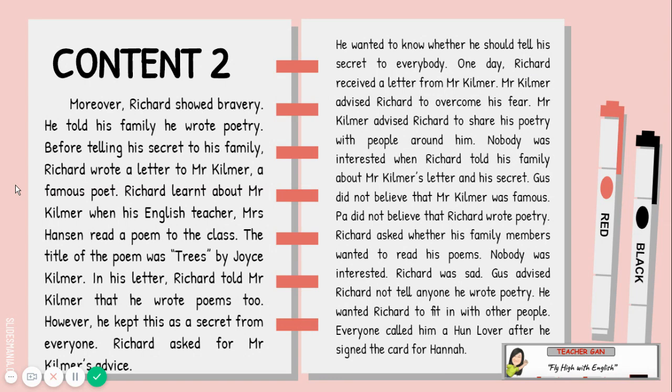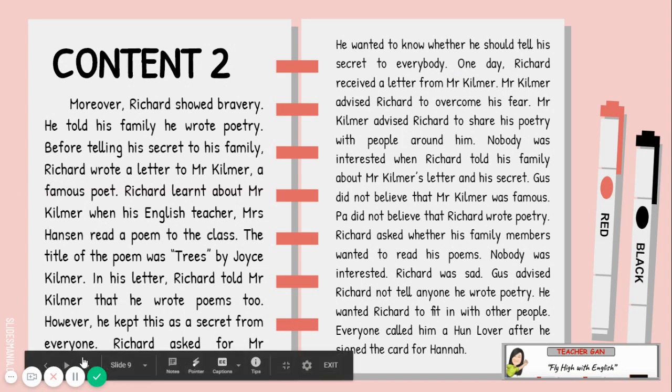Richard asked whether his family members wanted to read his poems. Nobody was interested. Richard was sad. Gus advised Richard not to tell anyone he wrote poetry. He wanted Richard to fit in with the other people. Everyone called him a Hun lover after he signed the card for Hannah. So this could be the evidence for being a good role model.